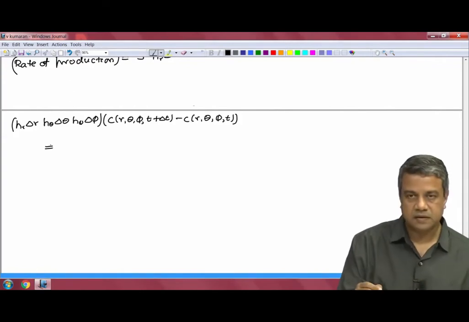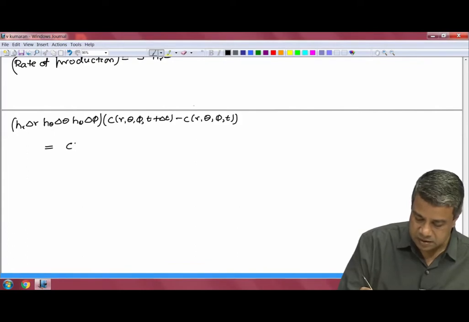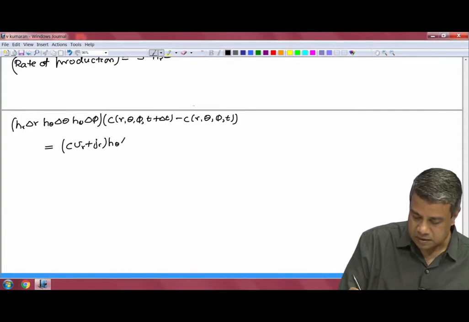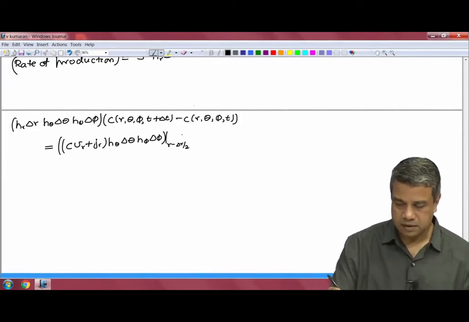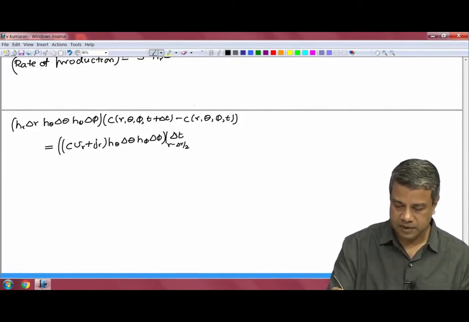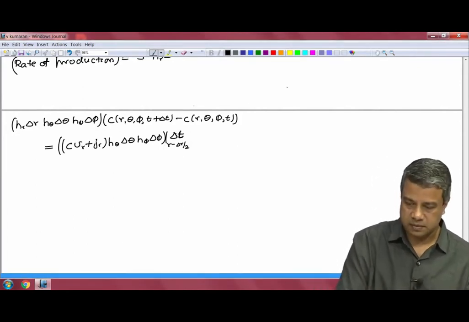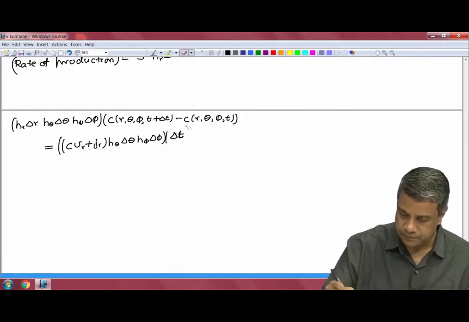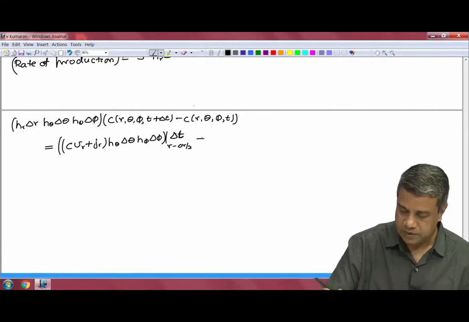At the surface at r minus delta r by 2, the mass in is equal to C Vr plus Jr into h theta delta theta h phi delta phi, at the inner surface at r minus delta r by 2, times delta t.